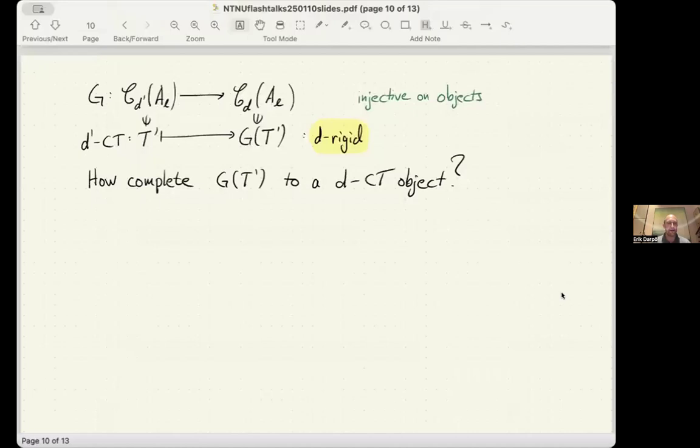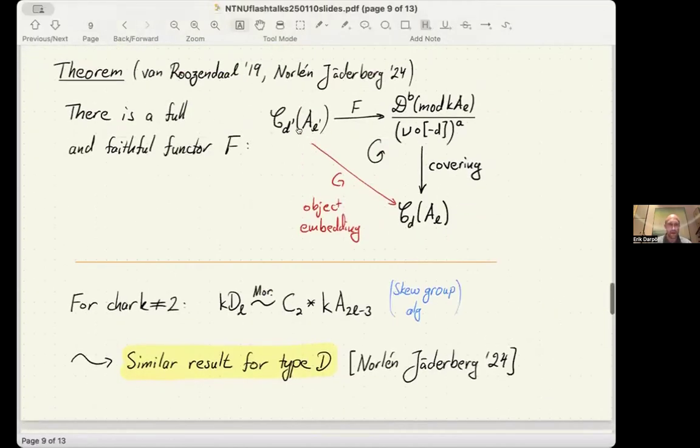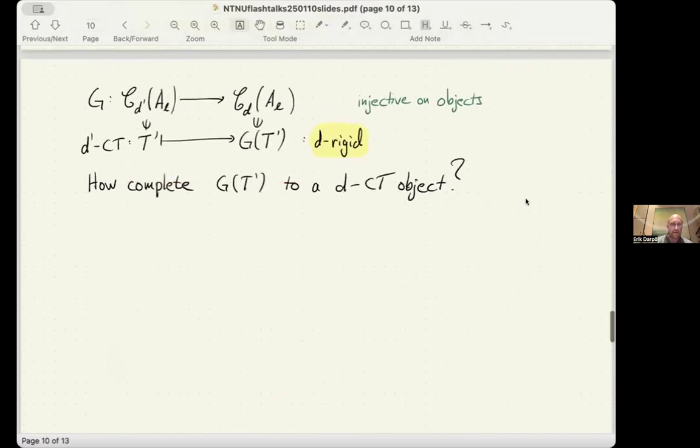So as I said, our functor G, this one, is injective on objects. It sends cluster tilting objects here to d-rigid objects here, which are no longer maximal. So one may ask the question how to complete such an object to a d-cluster tilting object in the d-cluster category in here.